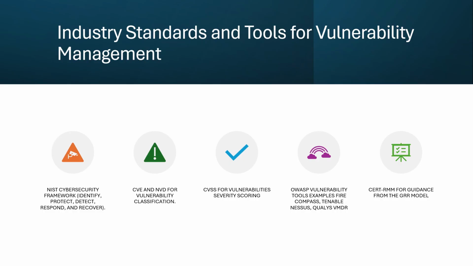The vulnerability tools that industry usually recommends are Fire, Campus, Tenable Nessus, and Qualys VMDR. They're all scalable and good for the cloud, on-premise, and hybrid platforms that we use for the applications on Campus Pay.